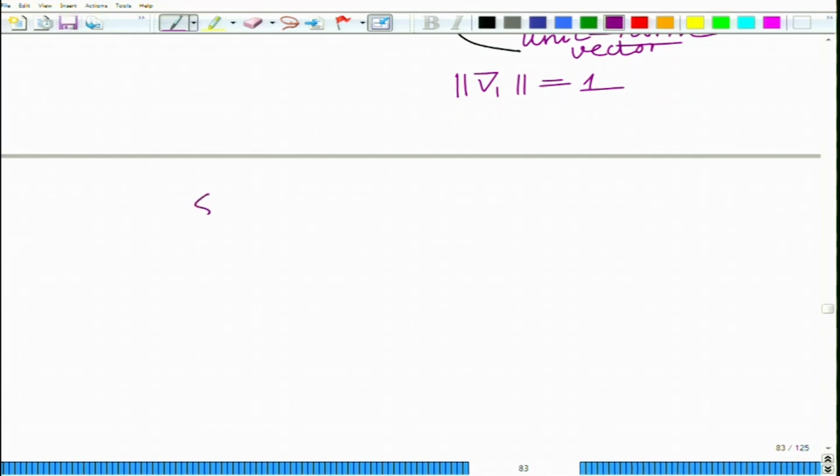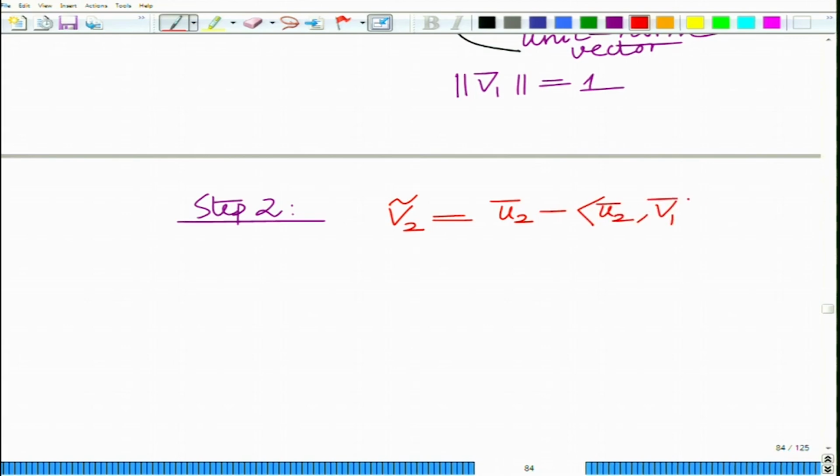Now, in step 2, what we want to do is create a vector that is orthogonal to v1 bar. Remember, we look at v2 tilde equals u2 bar minus the projection of u2 bar on v1 bar.